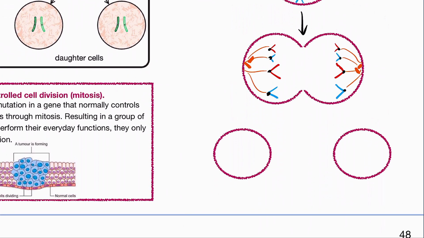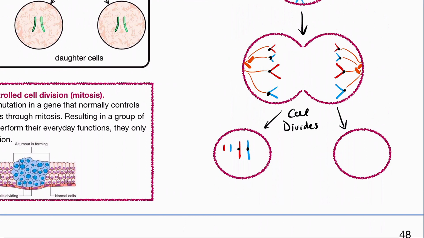And then the cell has to divide. So the actual cell divides. And now if we look at them, we have a little red, big red, little blue, big blue.